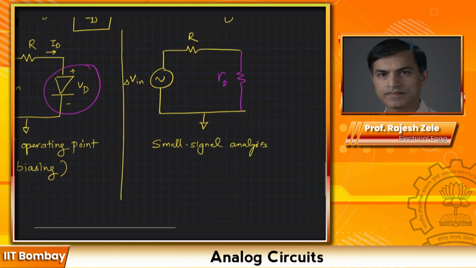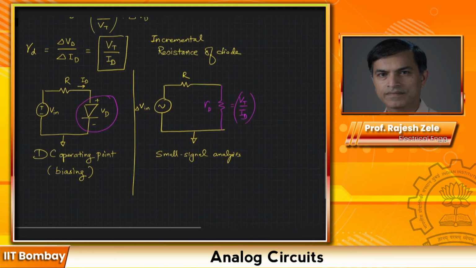And what is the value of that resistor given by? It is equal to Vt divided by Id. So this is everything put together, and the value of the voltage across the diode is going to be plus minus delta Vd, and the current flowing is going to be delta Id.